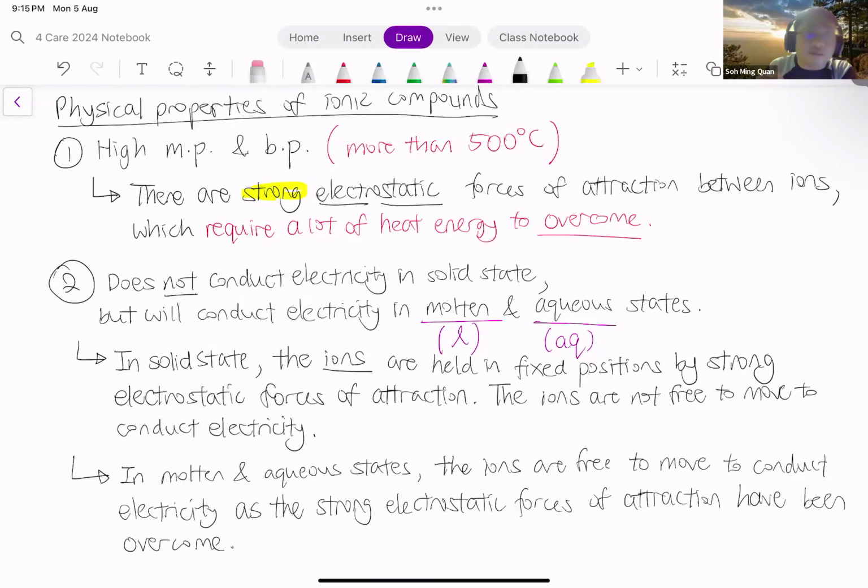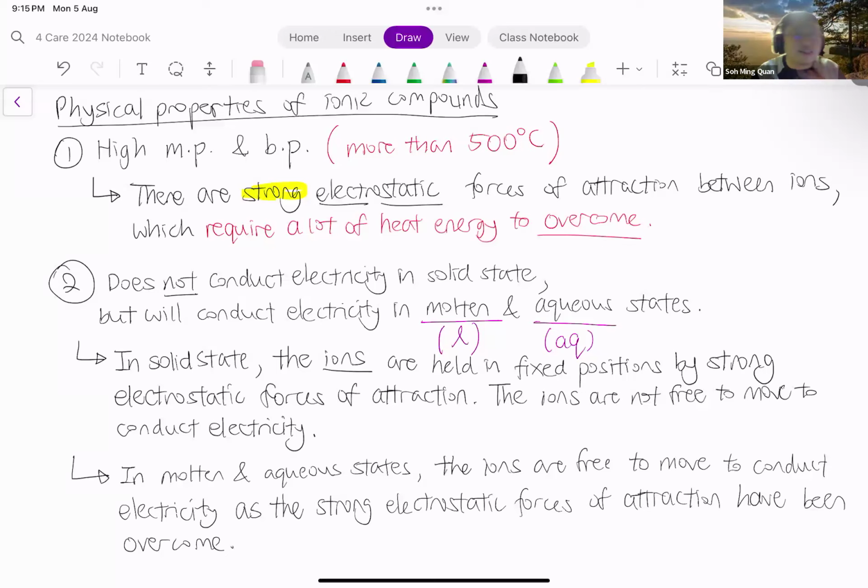Once we know electronic configuration, we can work out the position of the element in the periodic table, its group, its period. And also, what kind of ions will it form? Will it form positive or negative ions?